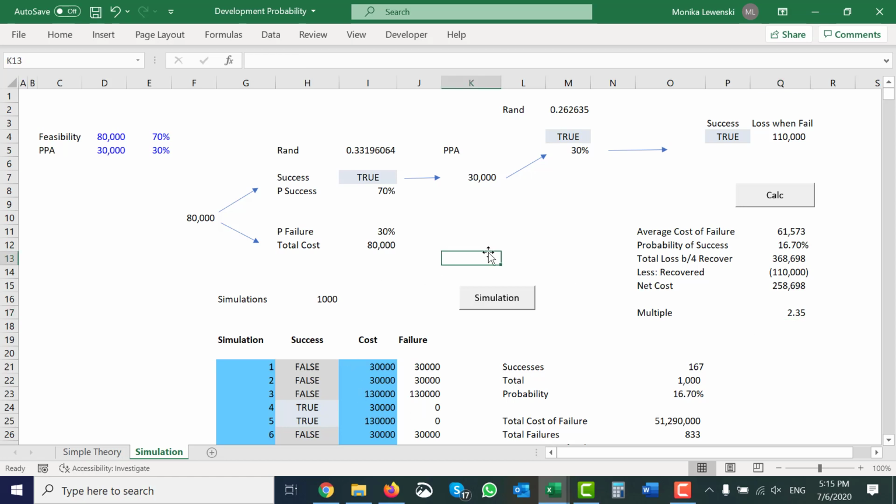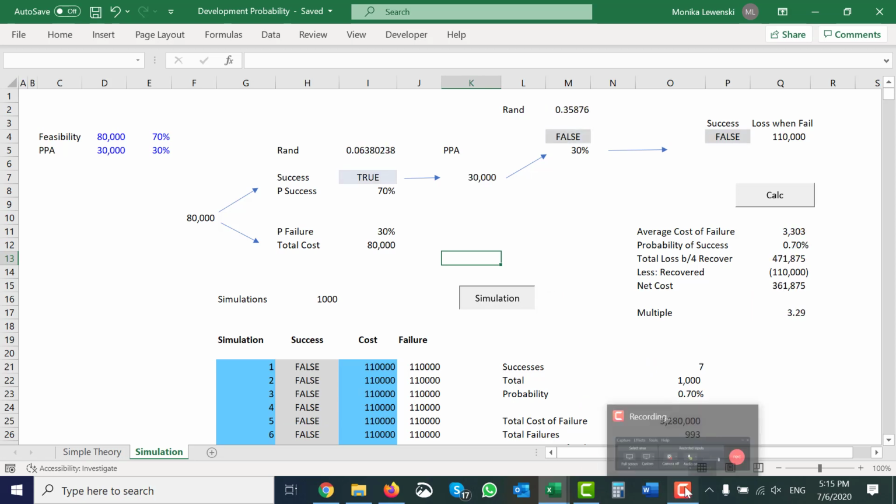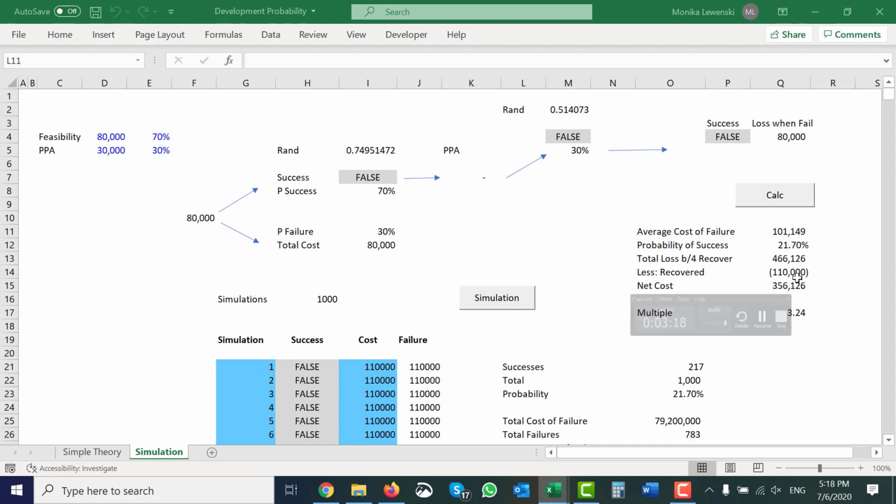And of course, I'm going to hopefully save the file, and I'm going to hopefully show it to you. So it cleared everything out, and there we get it. All right. So in this case, when I changed the probability, it gave me a multiple of 3.24.